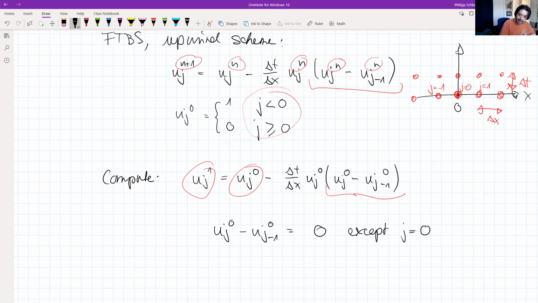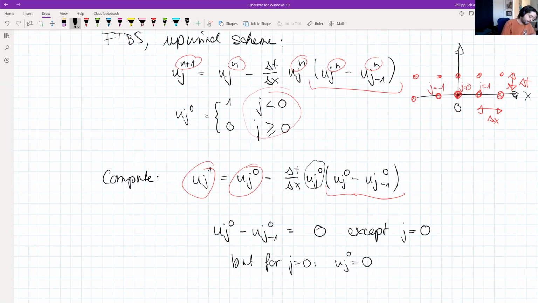But now comes the problem. At that point, the speed, so the multiplication factor, is also 0. So this term is always 0, even for j being 0, because Uj0 equals 0.